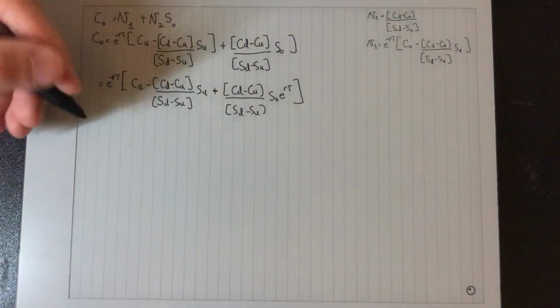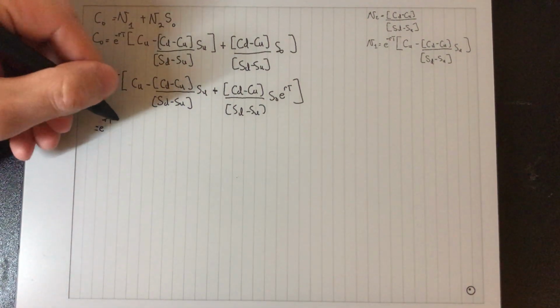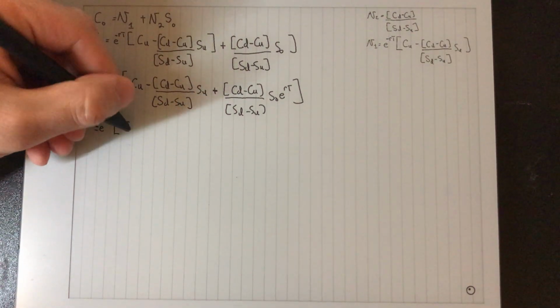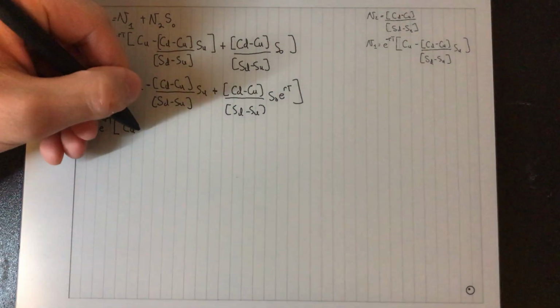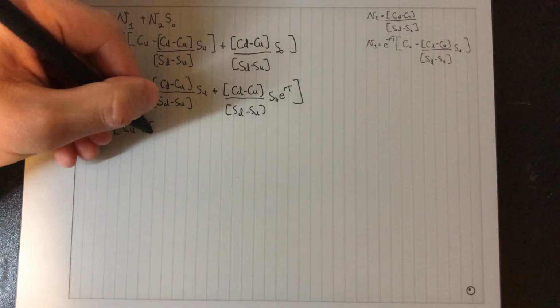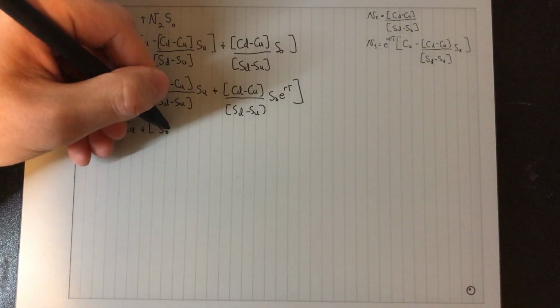So what I will be getting is e to the power of negative RT multiplied by Cu, and I would have plus S0.